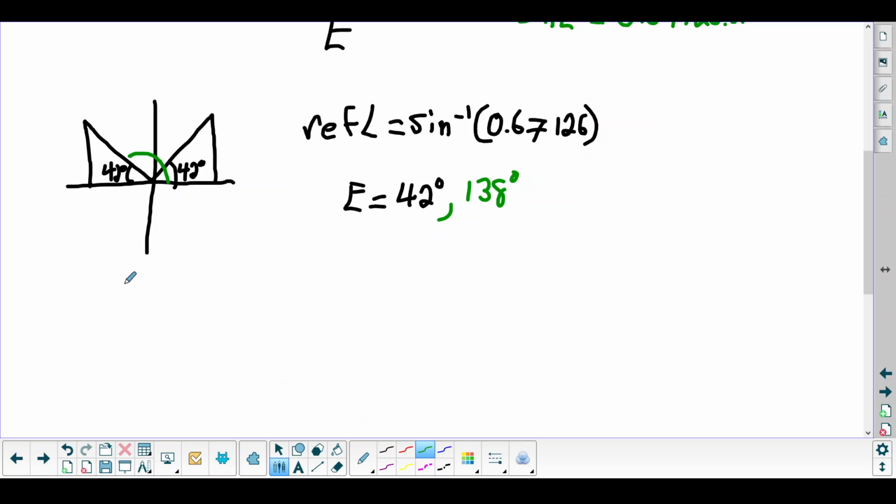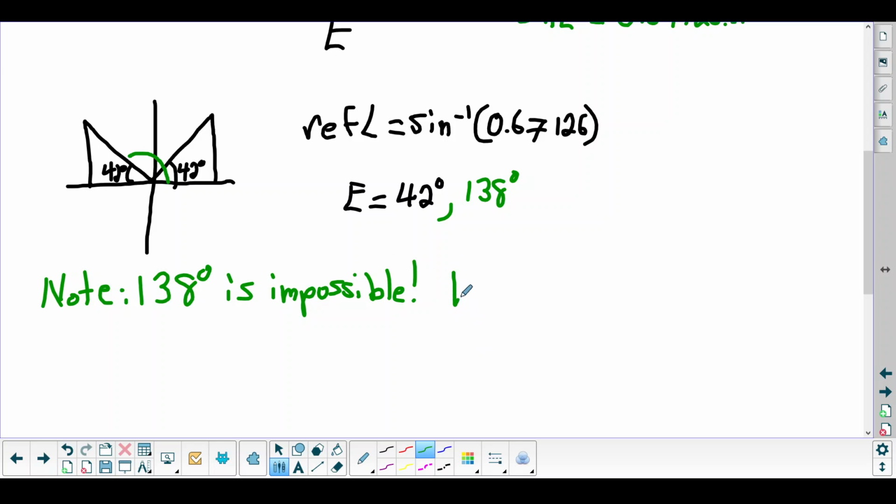So let's write that explanation down. So note, 138 degrees is impossible because 180 degrees minus 52 degrees minus 138 degrees is negative.